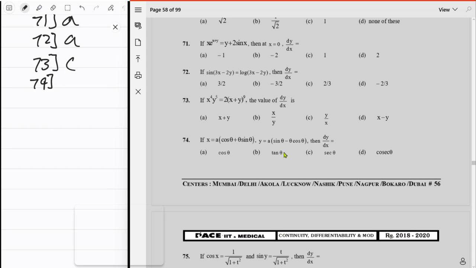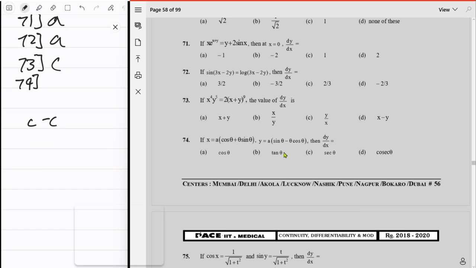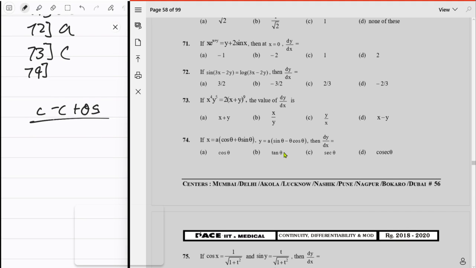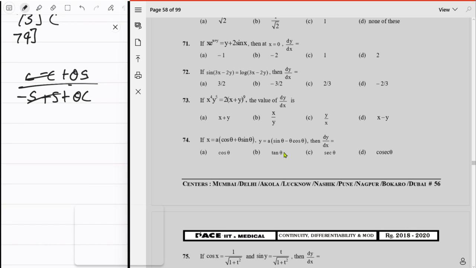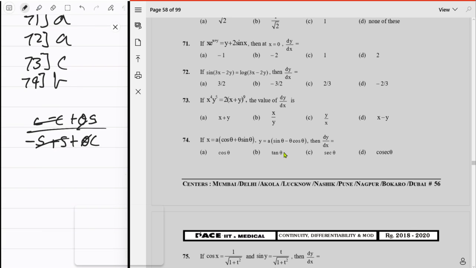Skip that a, because that's just a constant and it comes out. Then you get cosine minus cosine plus theta sine upon negative sine plus sine plus theta cosine, right? So just tan theta. That's what dy upon dx is. Next question.